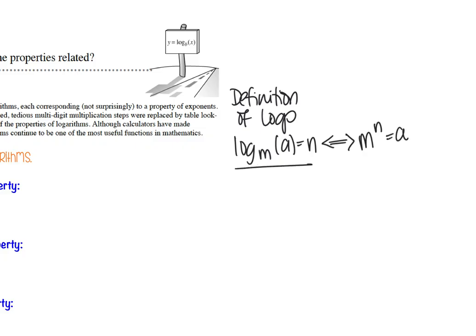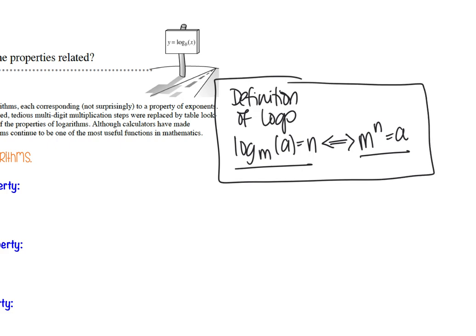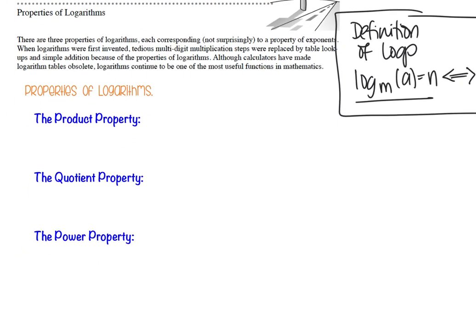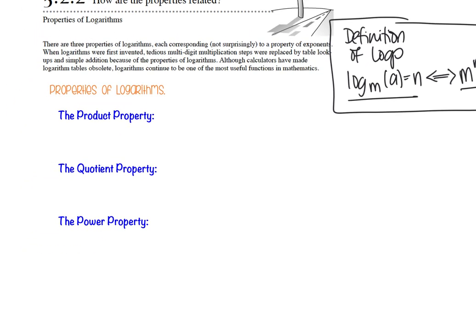So this is a logarithm in logarithmic form, and this is that same logarithm just rearranged and written in exponential form. So just keep in mind that this particular definition you've seen and been using. It's what you used in the warm-up. All right. Now, let's look at these other properties.